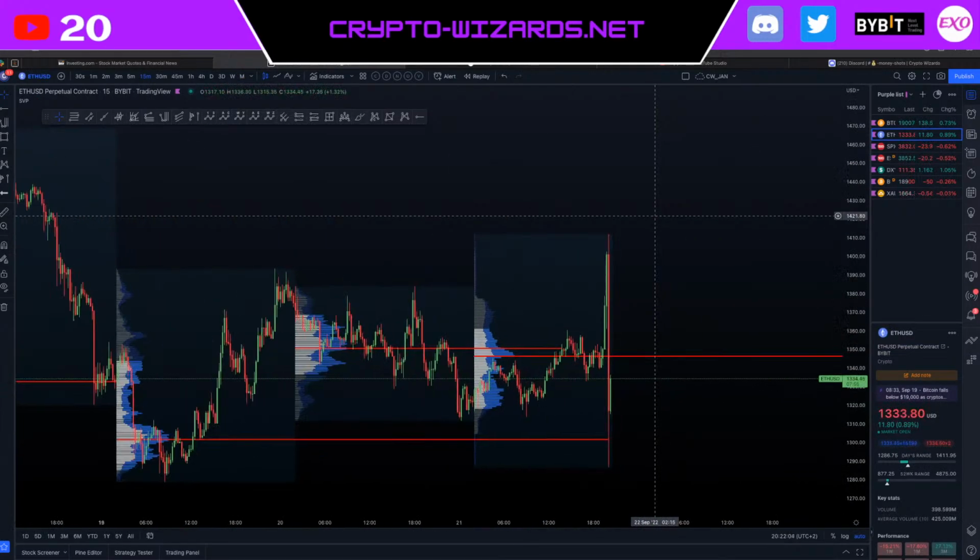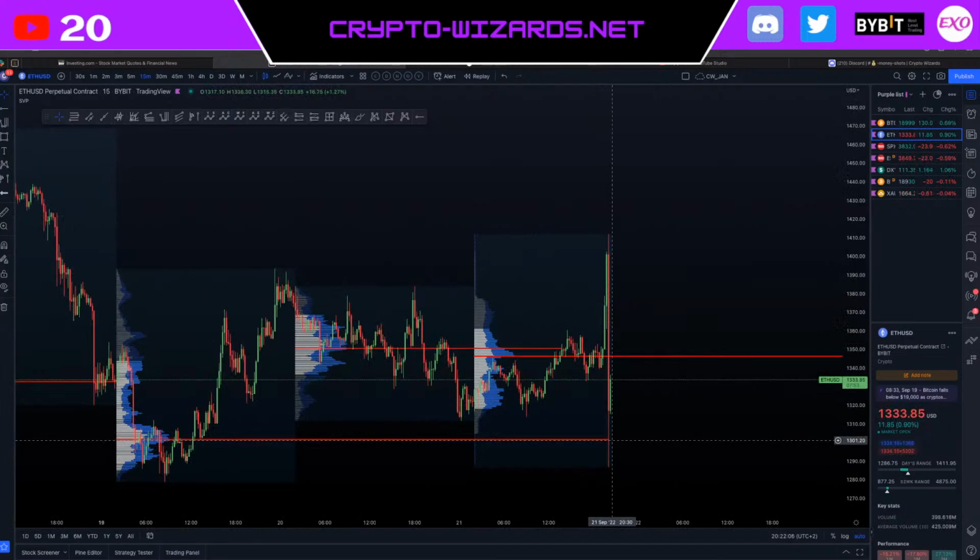Look at this NPOC here on ETH. But to be completely honest, even if I had known about the level, which I didn't, and now I see the result, I still wouldn't take it. Trading during these extreme volatility movements, for me it's not worth risking my account.